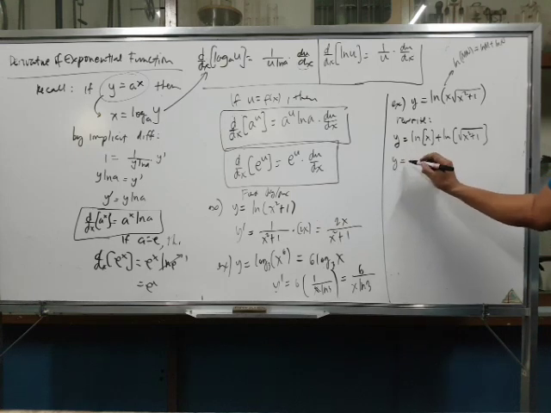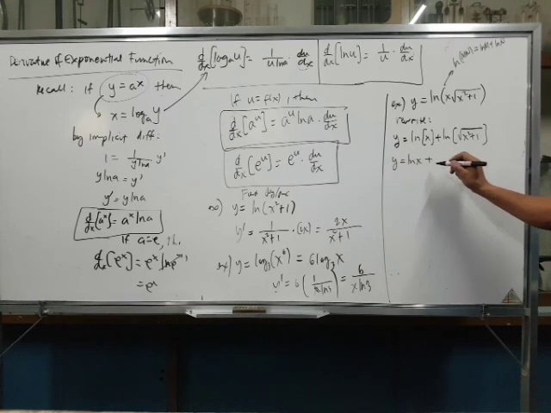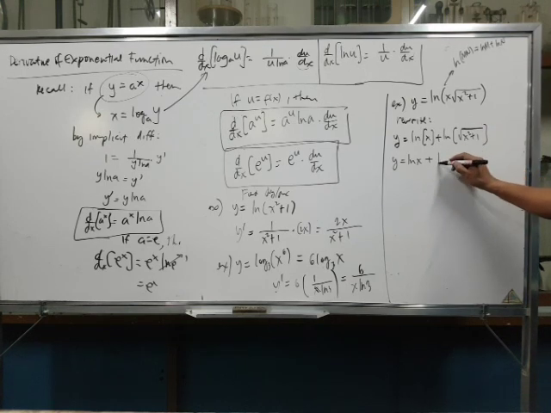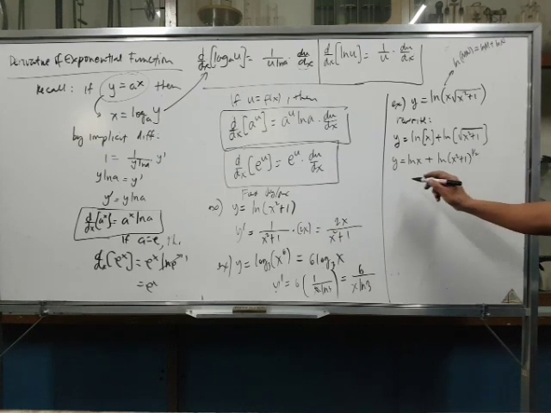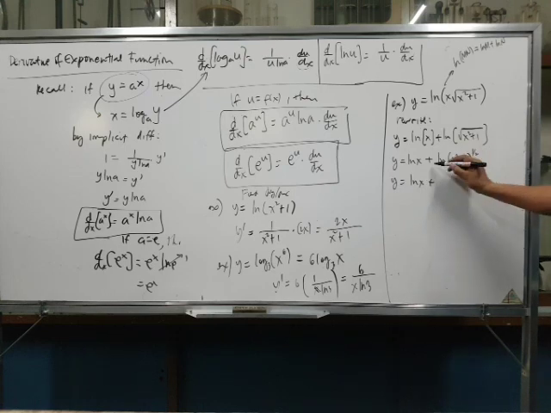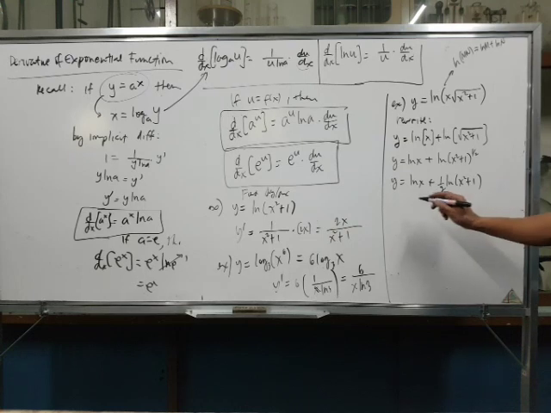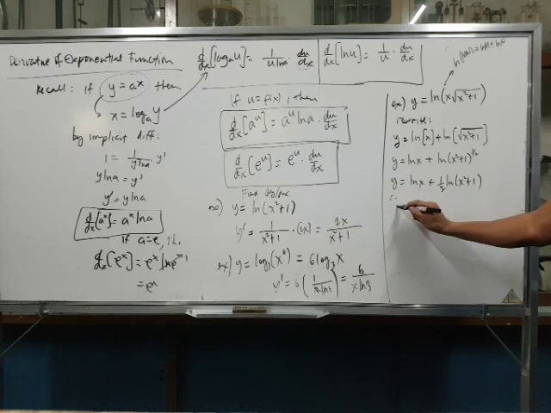And so y equals ln x plus, take note that this is x squared plus 1 raised to 1/2. And again, we will use property number 4. So 1/2 can be placed in front: 1/2 ln of x squared plus 1. And this is now the time to calculate the derivative.